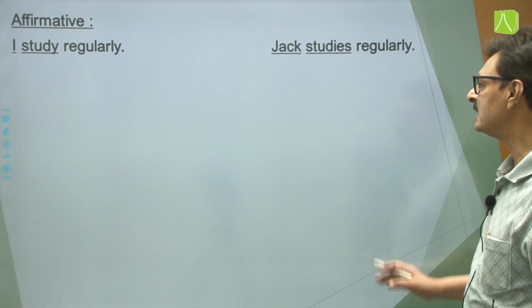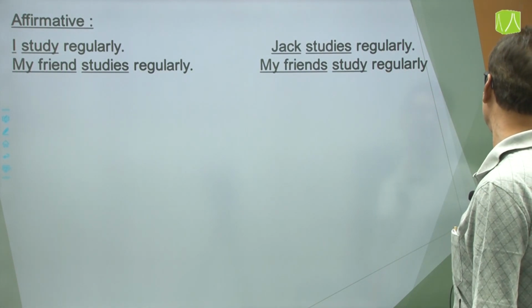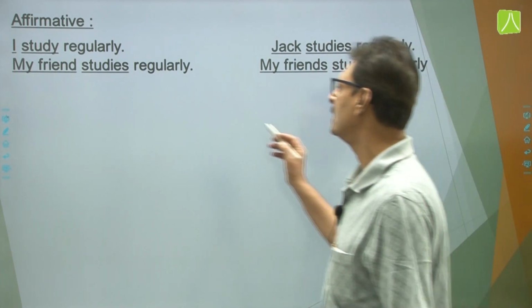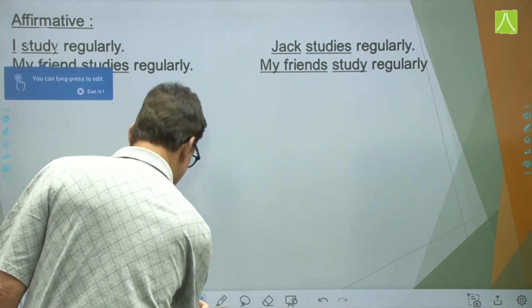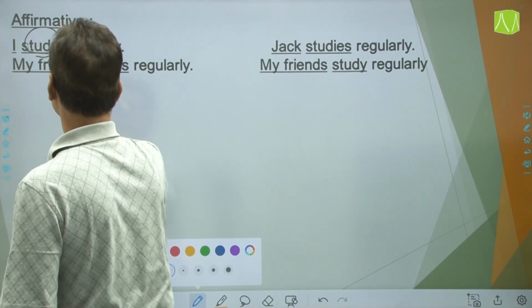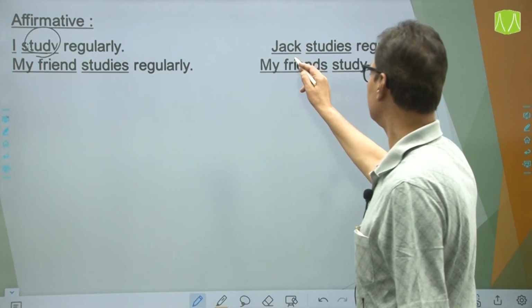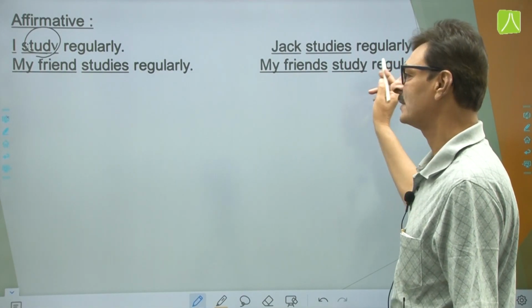Now, affirmative sentences, how do things take place? I study regularly. I के संग first form लगता है straight away, I always takes V1. Jack is singular, so Jack studies regularly.